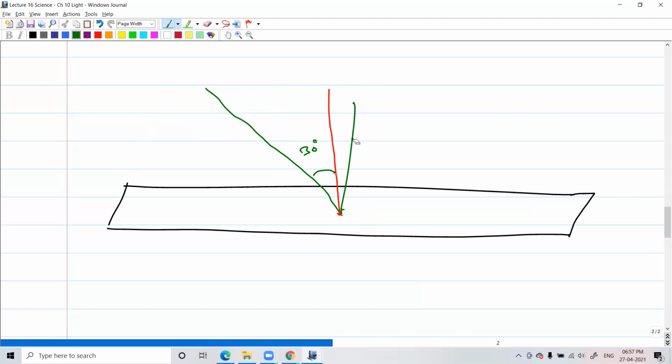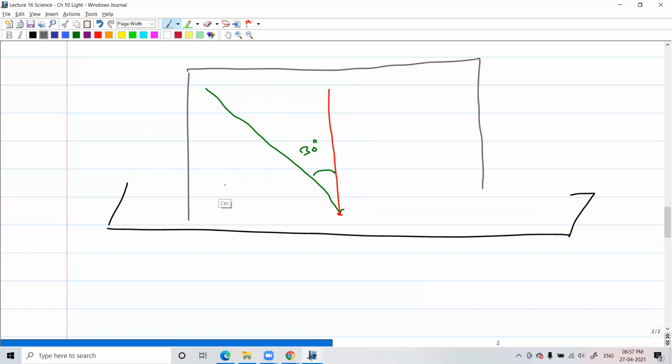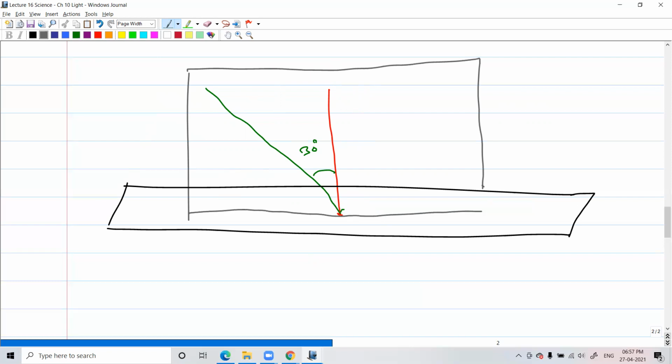But what they're saying is they all have to be within the same plane. It means if you draw an imaginary rectangle, or put a piece of paper, think of it like this, then if this incident light is coming through this sheet of imaginary rectangular paper, the reflected ray also has to be on the same paper with a 30-degree angle.